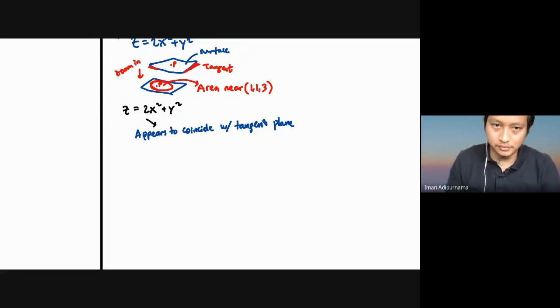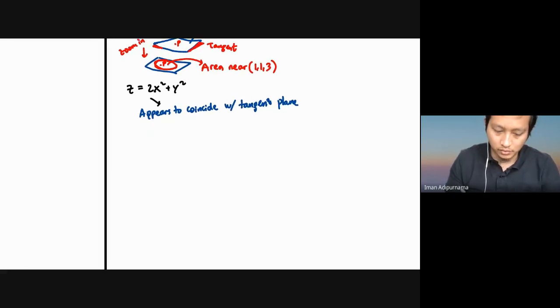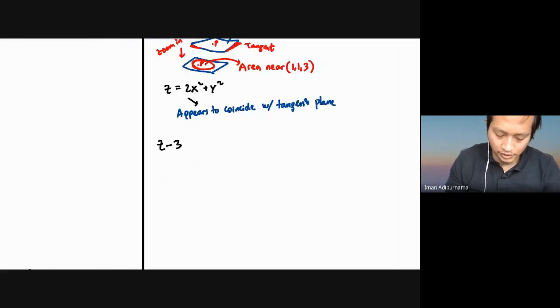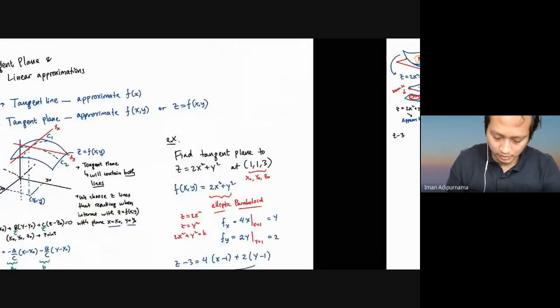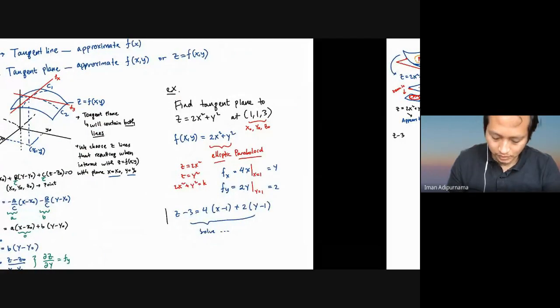So, okay, we can write the equation of the plane from before. Let's write this equation from before.